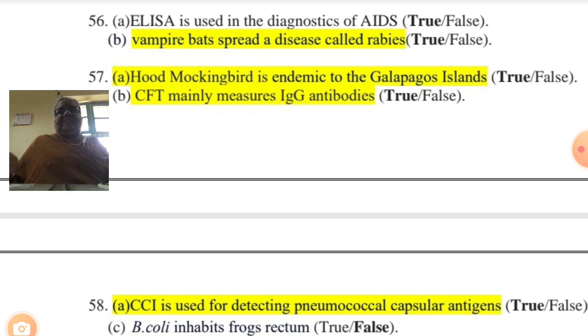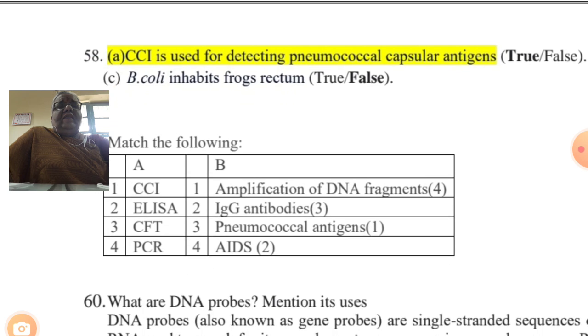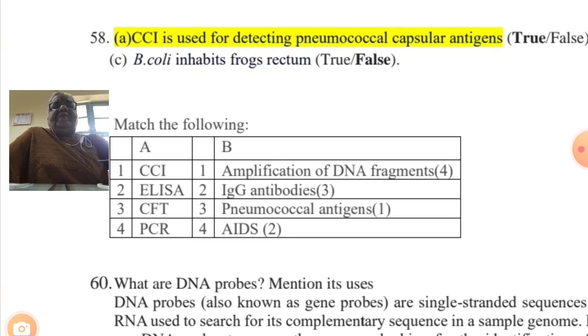IgG antibodies are one type of antibodies which are produced as a result of infection in the body. Answer is true again. All the time answers need not be true as I have given here. It can be false also. Question can be changed like, CFT mainly measures IgM antibodies. Then the answer is false. That's all. Okay. Then the next question is also of the same type.